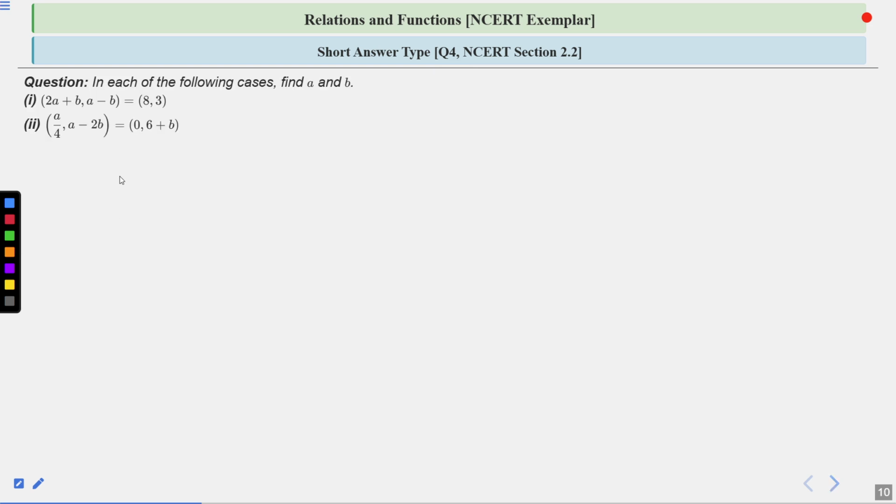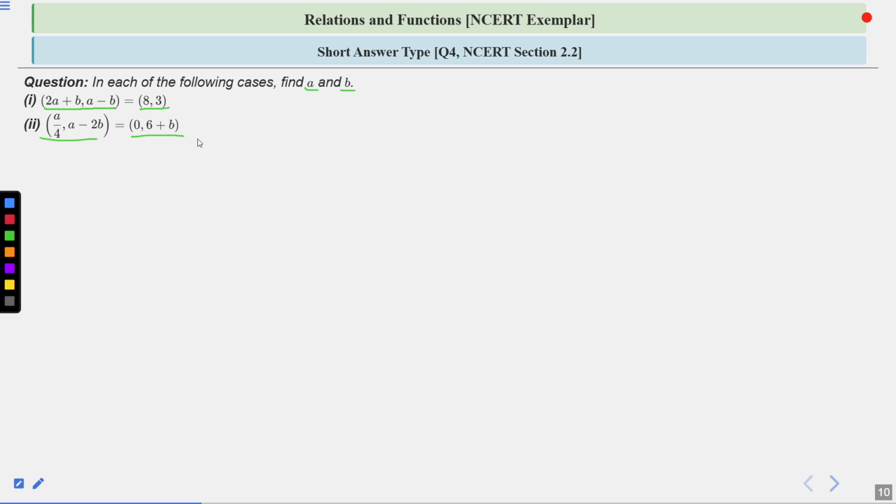Solution. Quite simple. As we are given that the left hand side ordered pair is the same as the right hand side ordered pair in both the first and second parts, we have to find A and B. How are we going to do that?